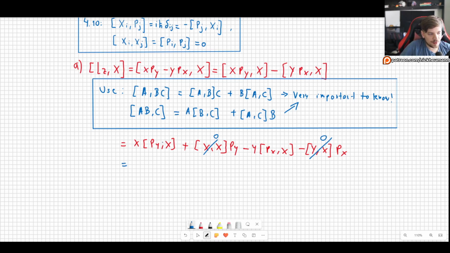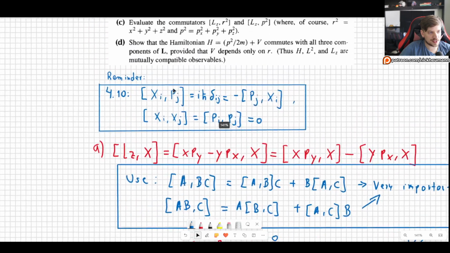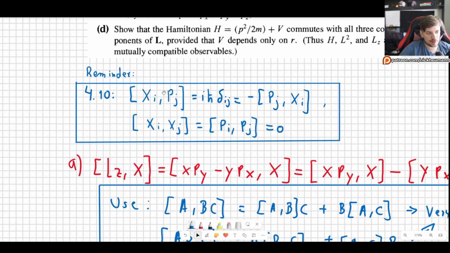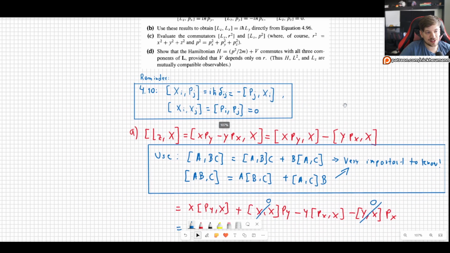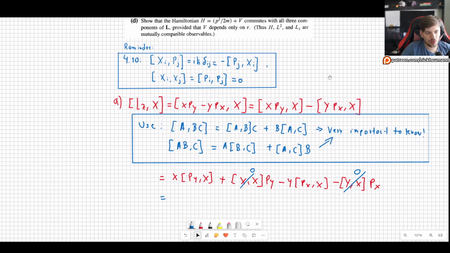Then we have the commutator between py and x, right? Momentum in the y direction and x. So let's go back to our expression. We know that the commutator of xi and pj is iℏ times delta ij. So that means that it is only non-zero when i and j are the same. But we have x and y, which are not the same, so this is 0. And then we have this quantity right here, which is indeed the same, but it's not written like here.